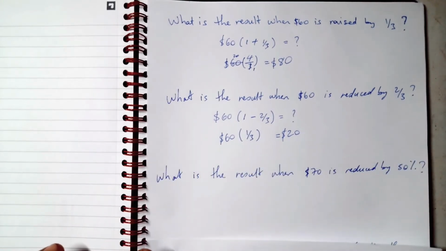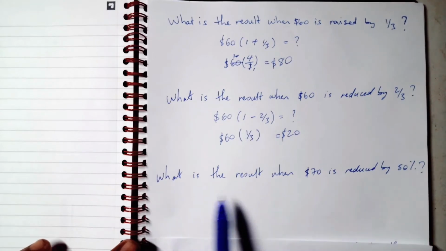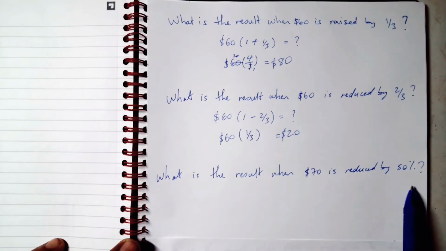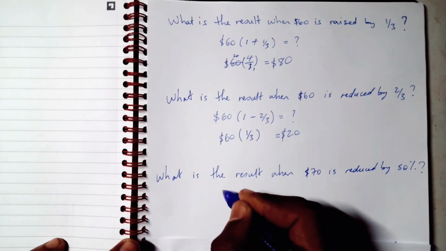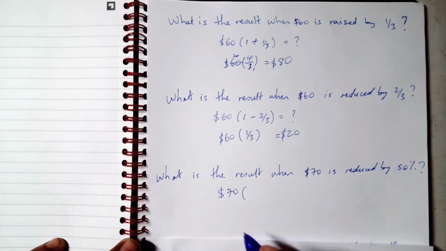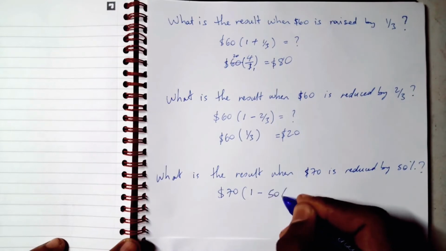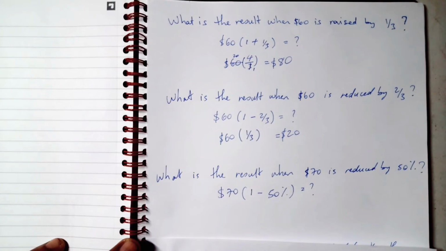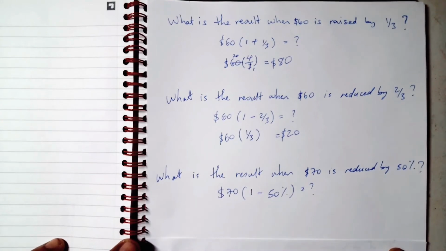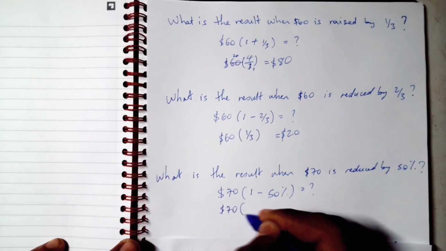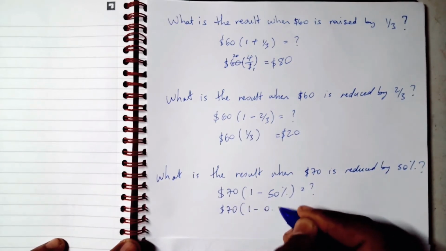Well, actually 2 more. What is the result when 70 is reduced by 50%? We do our setup, which is 70 multiplied by 1 minus our 50%. All right. 1 minus our 50% rewritten is 70 multiplied by 1 minus 0.5.